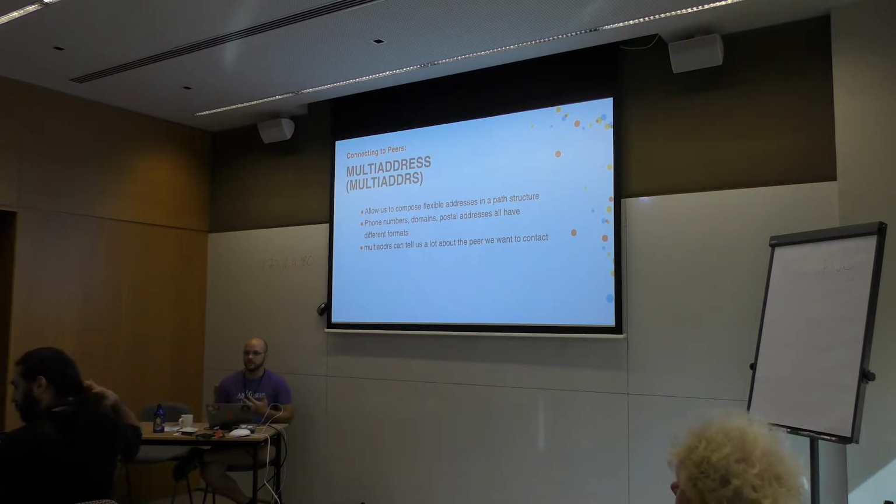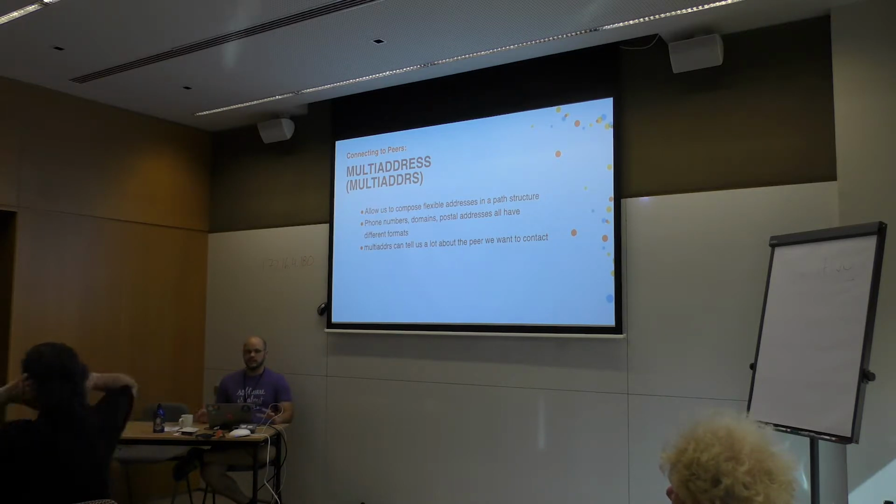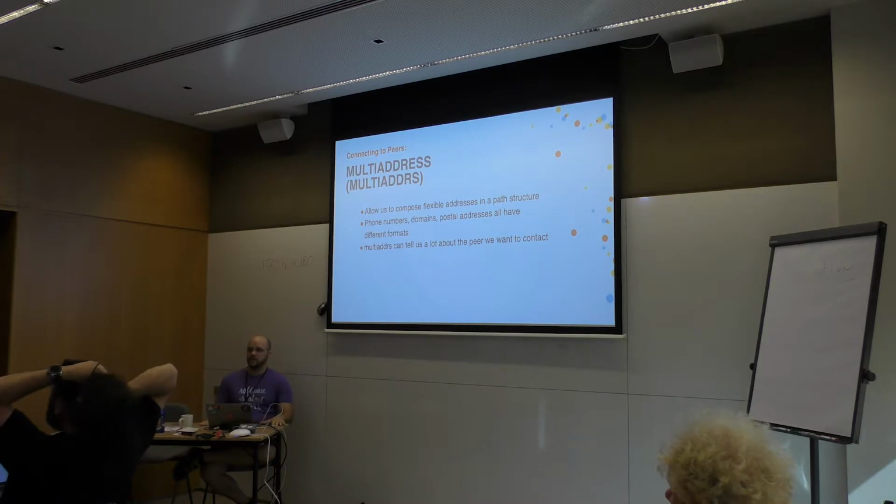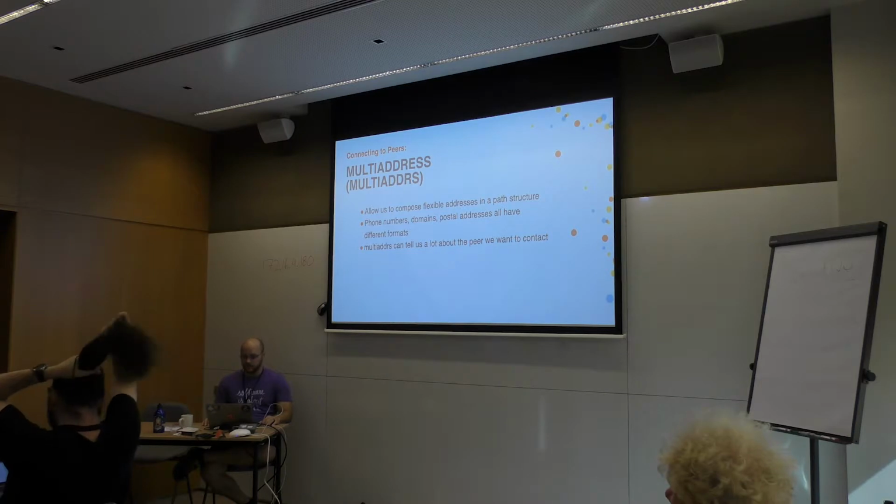Postal addresses, email addresses, phone numbers, domains. The format of those has changed over time. So what we need to do is create a flexible mechanism that we can describe addresses over time as we get Bluetooth transports, if we get radio transports, whatever those look like. How do we make sure that we have a flexible form of describing that? And that's what multi-addresses aim to do.